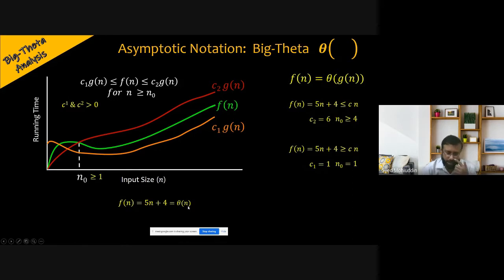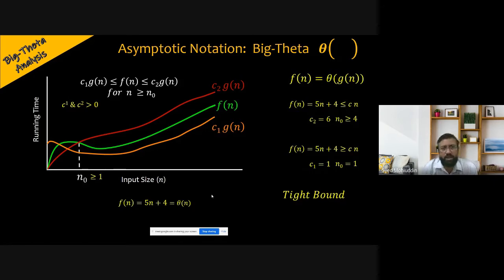So f of n is asymptotically theta of n, and this is known as tight bound.